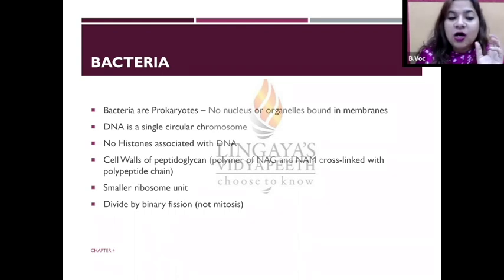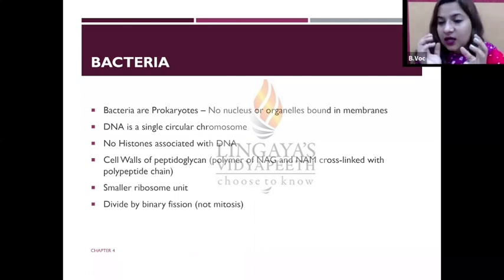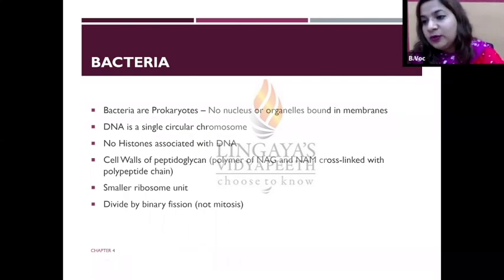All right. So the prokaryotes are the organisms that do not have a well defined nuclear membrane. So we can say that the bacteria are prokaryotes because they do not have any kind of nucleus or organelles bound in the membrane, the nuclear membrane. So they are most ubiquitous in nature.